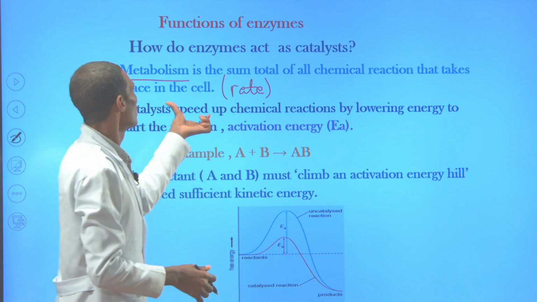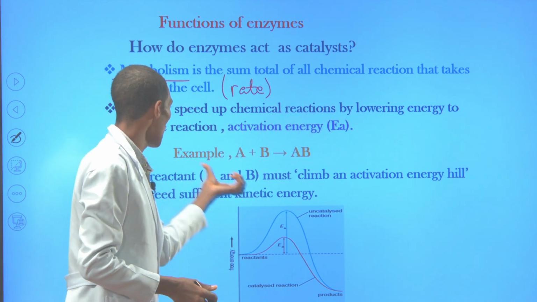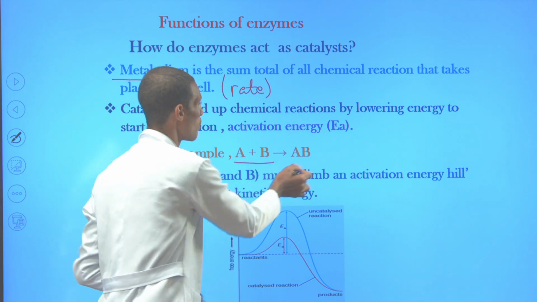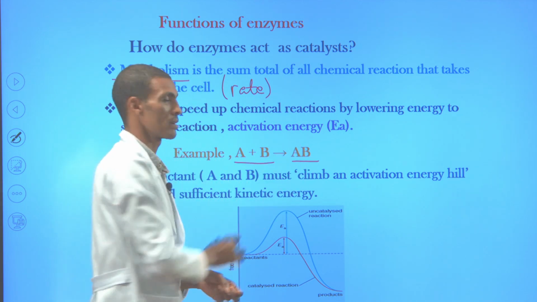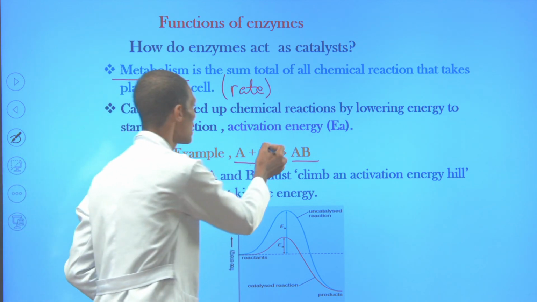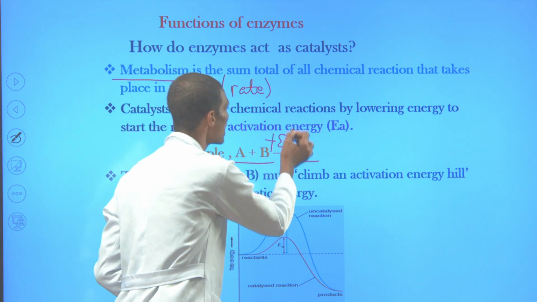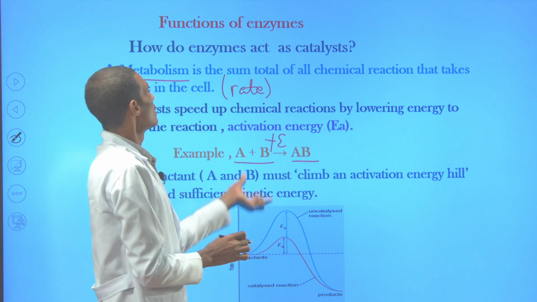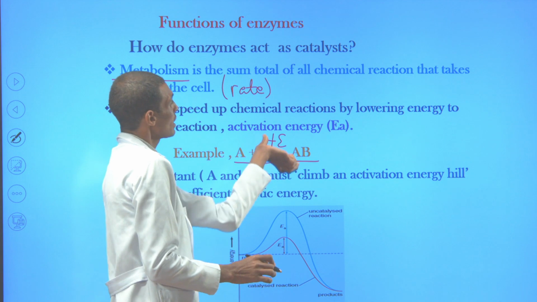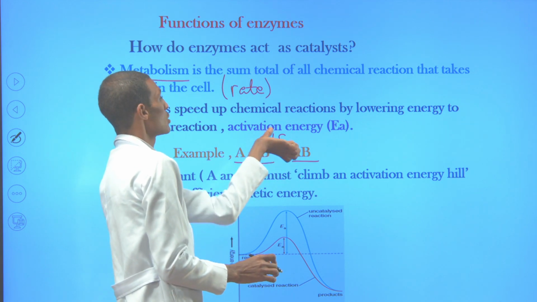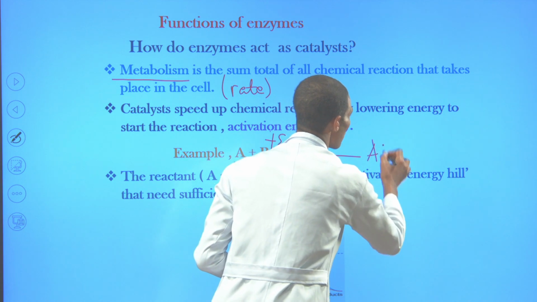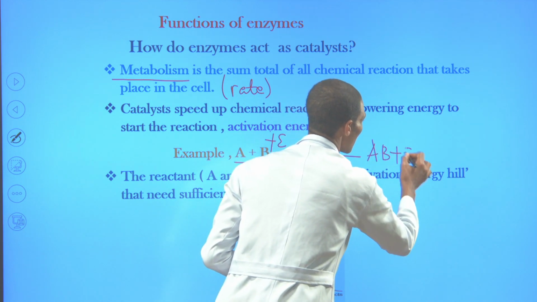For example, the reaction between substrate A and B to form product AB can take place alone in the absence of an enzyme. But if an enzyme is added, the rate may be faster than in its absence. So here, it forms the product AB plus the enzyme.